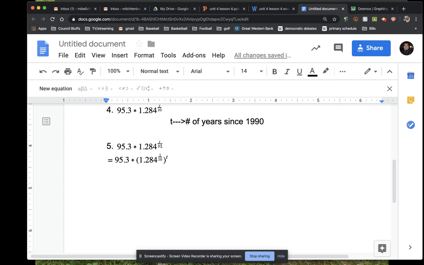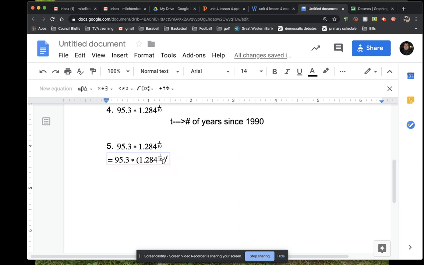So 1.284 to the power of 1/10 to the power of t is the same as it was here. All I did was separate out this fraction, the t over 10, into 1/10 times t.